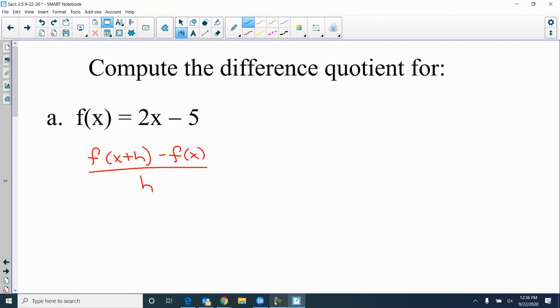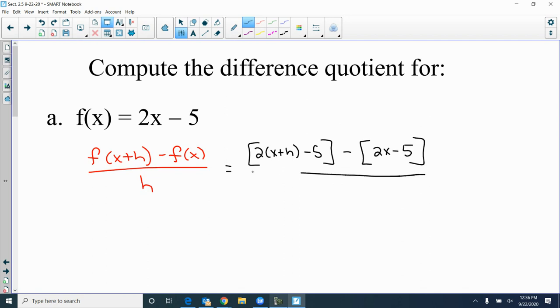But f of x plus h means you plug in x plus h for x. Okay, and I'm going to put it in brackets to separate it, minus f of x, which is 2x minus 5, just whatever your equation is, over h.